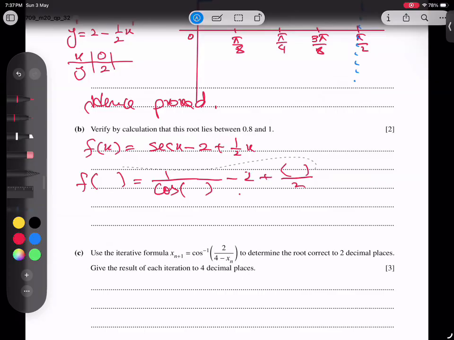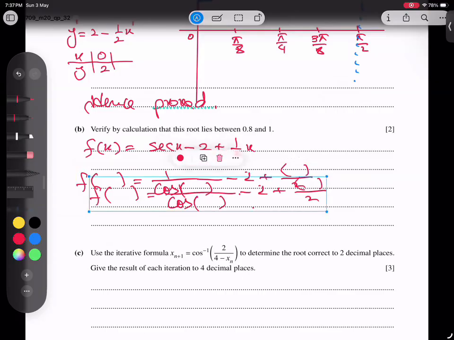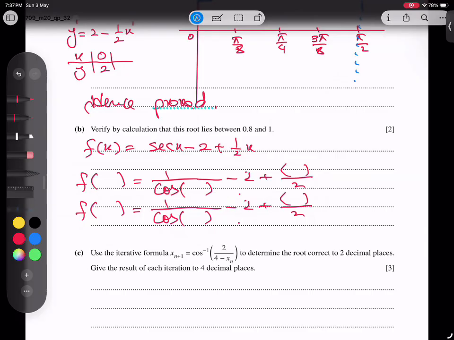I'm copying this equation 2 times. One time I'm putting 0.8 everywhere, and one time putting 1 everywhere. I'm going to find both values one by one. Make sure, students, the calculator must be in radian mode because pi is clearly used.